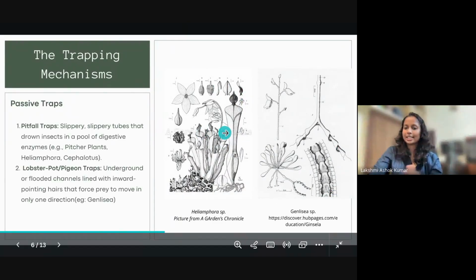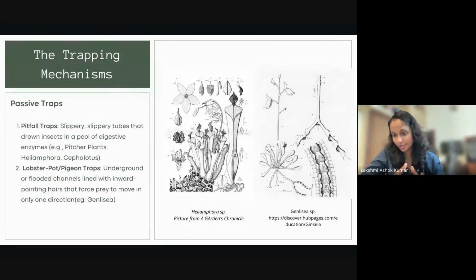So now we get into the other section of trapping mechanism, which is passive traps. Passive traps, as the name indicates, don't have any kind of movement related to them. They don't actually catch their prey; they wait for the prey to fall into them.